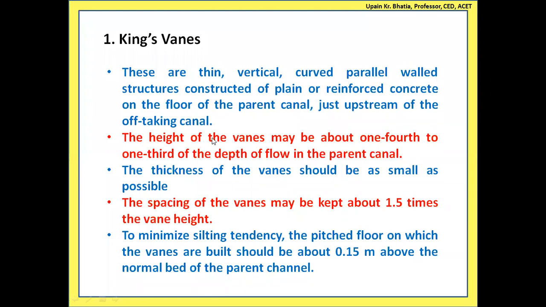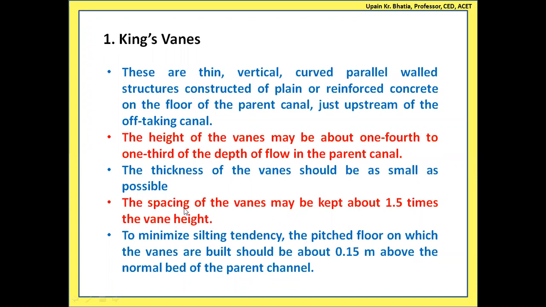Whatever height of vanes we decide, the spacing between the vanes is generally kept about 1.5 times the vane height. It is not exactly 1.5 times, it is written as about, so a little variation is allowed. Whatever height of the vane is selected, 1.5 times that is the spacing between them.